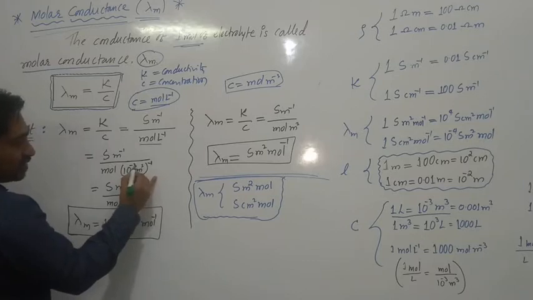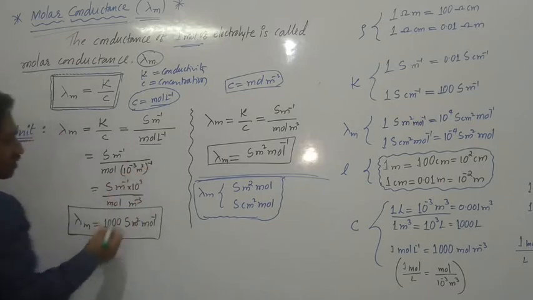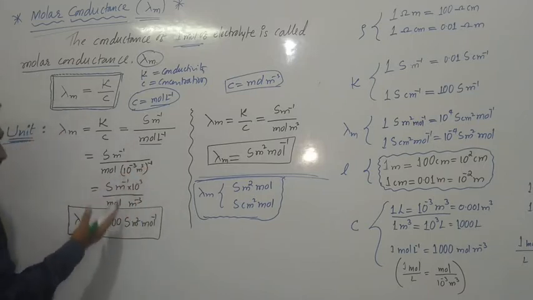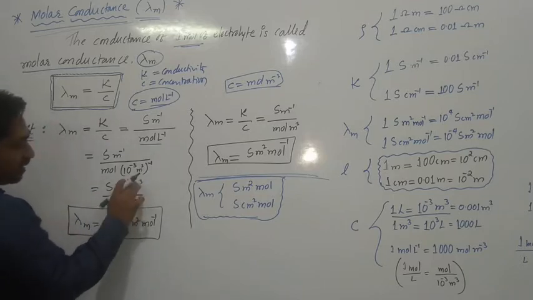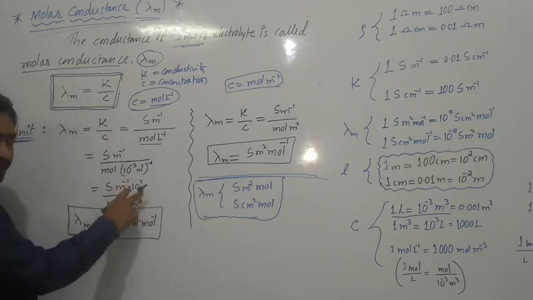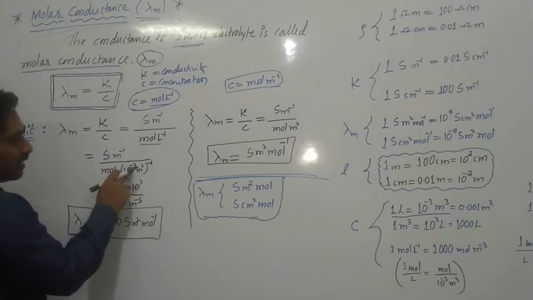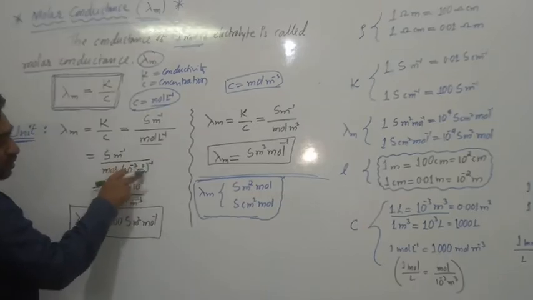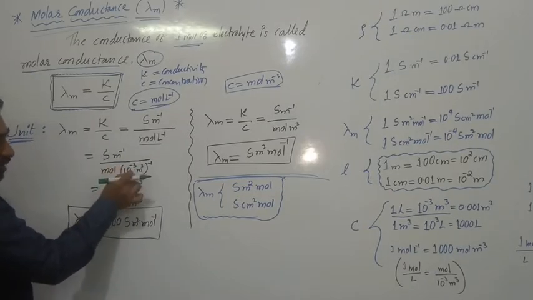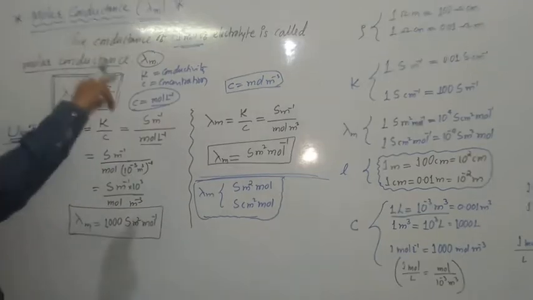So now, Siemens per meter, what happens? The 10 to the power minus 3 raised to minus 1 goes to the numerator. It becomes 10 to the power 3, because the denominator goes to the numerator.